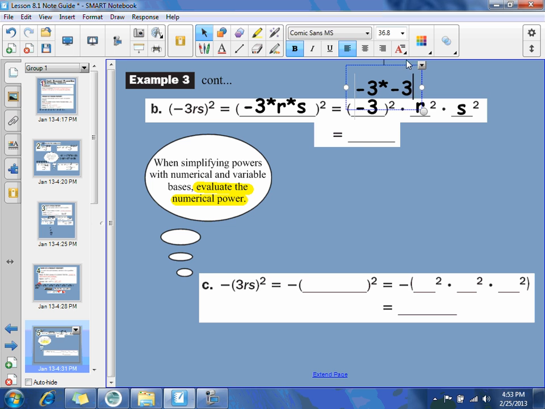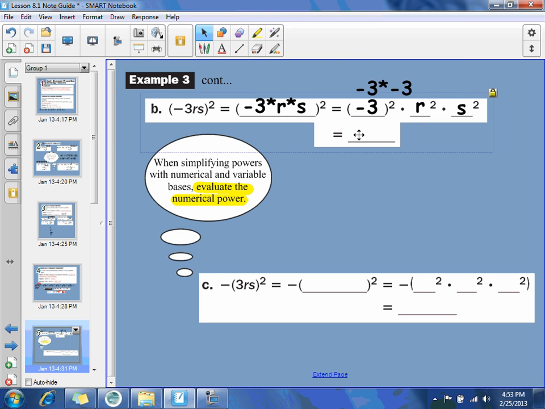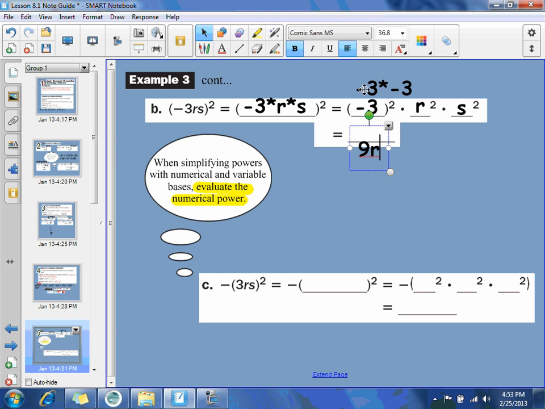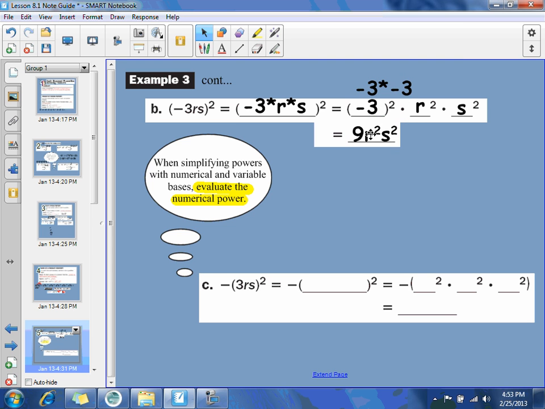Negative times a negative, it would give you positive 9 r squared s squared. That would be your final answer.